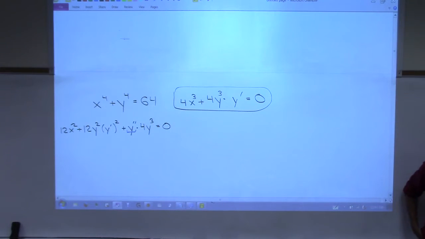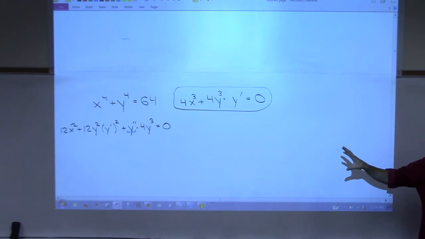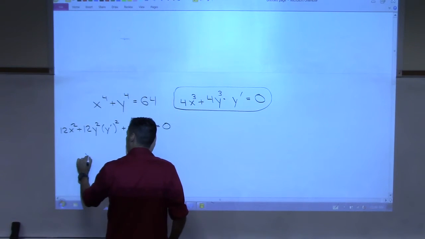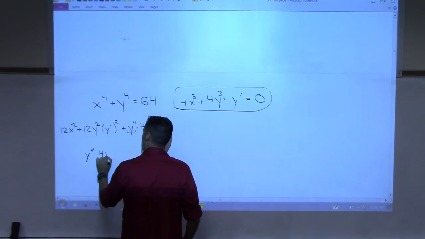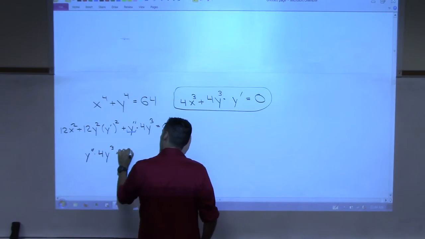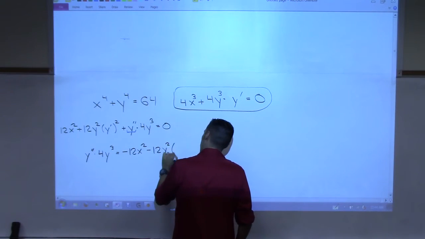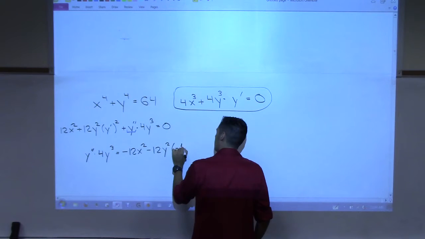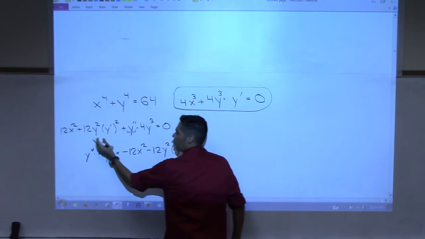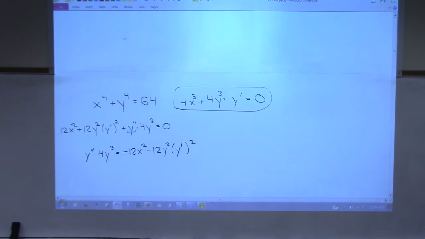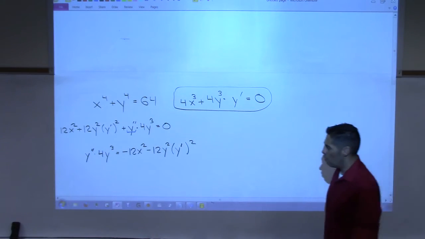You ready? So let's bring everything on the left side that does not have y double prime in it to the right side. So it'll be something like this. Y double prime times 4y cubed equals negative 12x squared minus 12y squared times y prime squared. Agreed? I just brought this one and this one to the right side. What else could I do? Divide by 4y cubed.